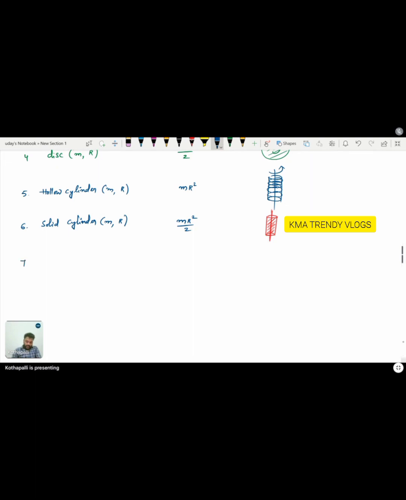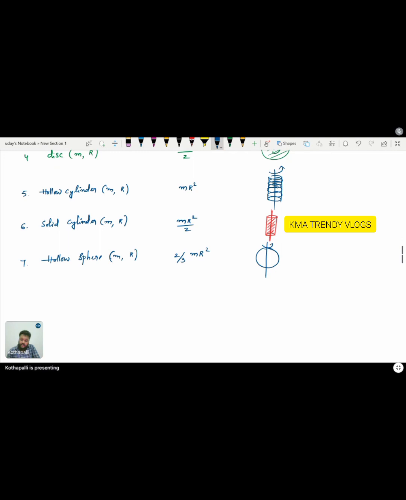Next, seventh one I'm writing. Hollow sphere of mass m, radius r. You have to remember it. It is 2 by 3 mr square. Derivation is there for this, but not necessary.